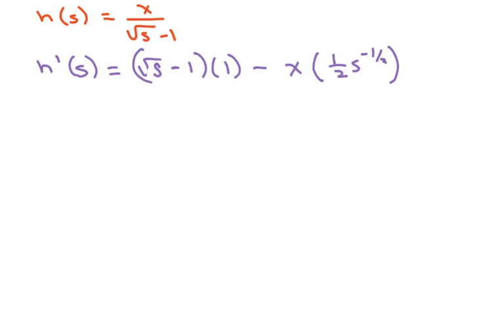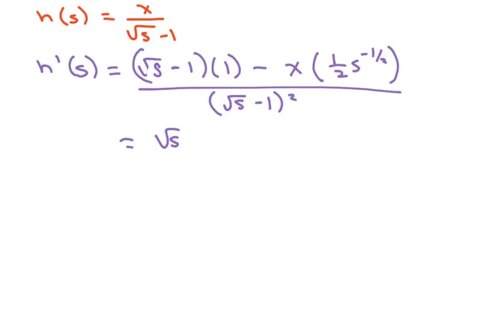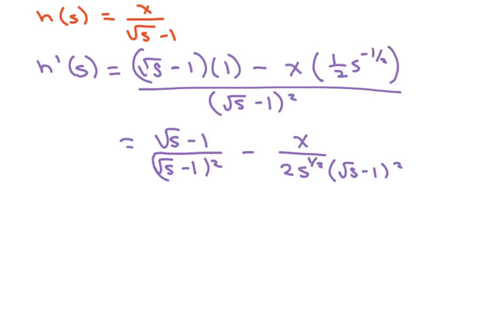All over square root of s minus 1 squared. Okay, simplifying this, you're going to get square root of s minus 1 over square root of s minus 1 squared. And the second part, we're going to have x over 2s to the 1/2 times square root of s minus 1 squared.